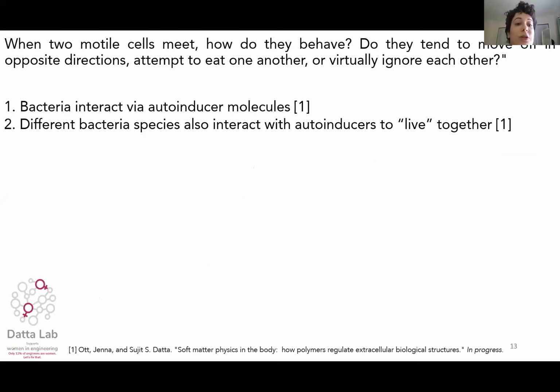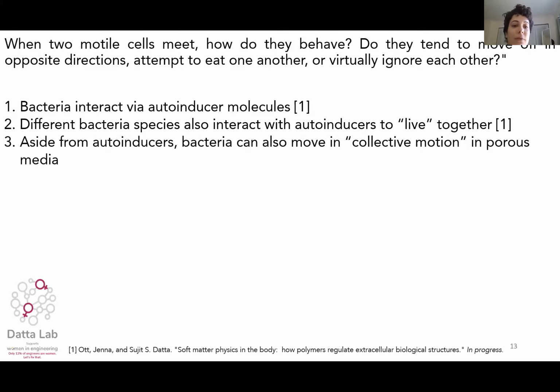They can also interact with different bacteria species. So if you have two motile cells from different species, they can actually interact also with autoinducer molecules and figure out how to kind of live together in harmony, as long as they aren't competing for the exact same nutrient, of course.